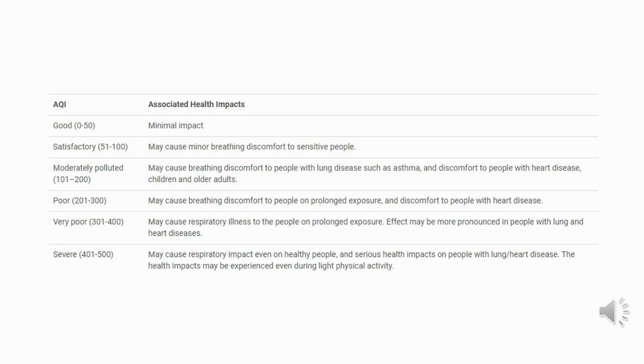Moderately polluted means it may cause discomfort for people with lung disease such as COPD. Poor means breathing discomfort for many people, and very poor and severe are obviously hazardous to common people as well.